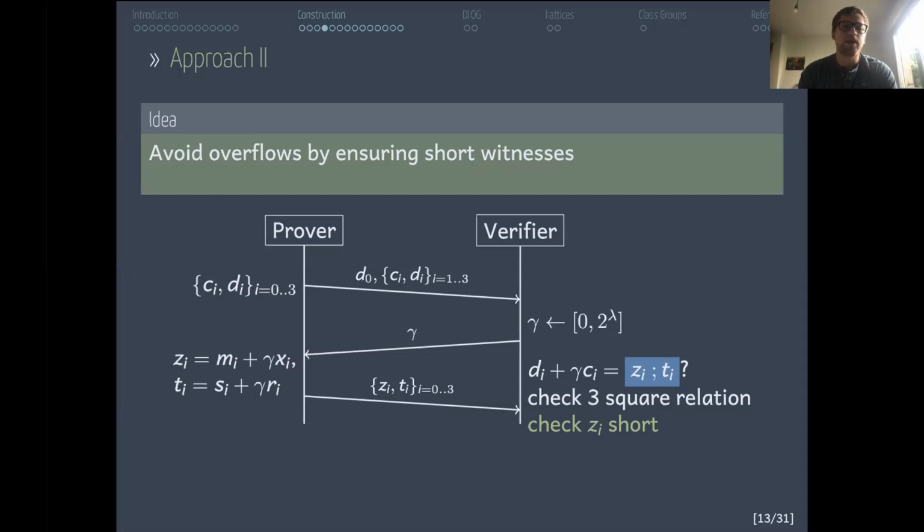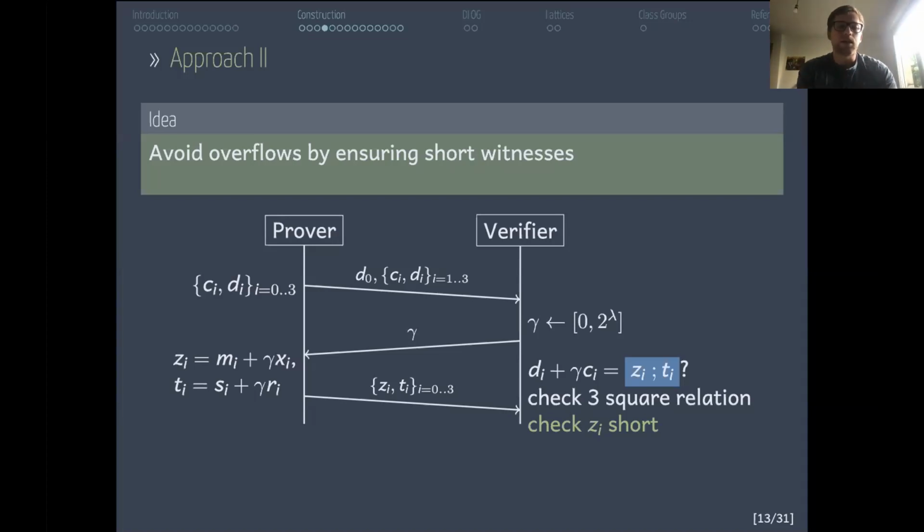So this is the only value that the verifier can check shortness for. So we just added a shortness check from the verifier. Short is kind of relative to the modulus. I will come to it a bit later on how short it really needs to be, but intuitively it should be quite a lot shorter than the modulus.